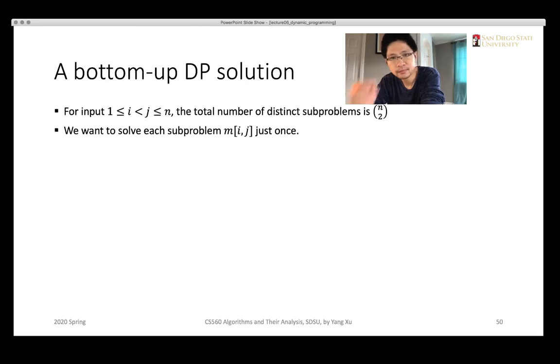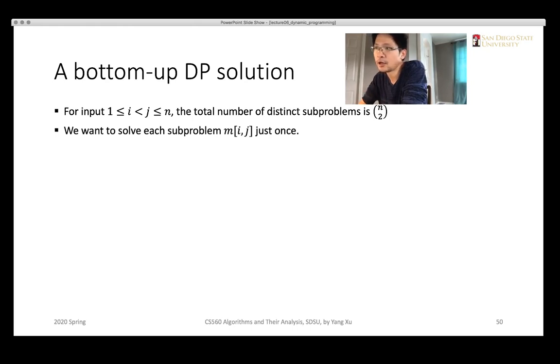Okay, so let's look at the bottom-up solution first. Speaking of bottom-up, we mean that we need to solve the smallest subproblem first. In the matrix chain problem, the ultimate goal is to compute the multiplication of a chain of matrices.